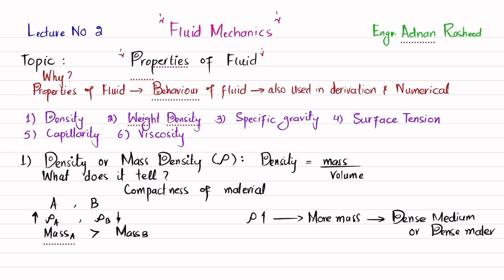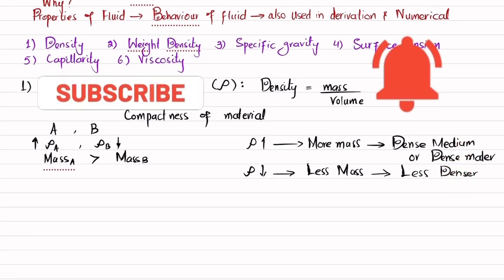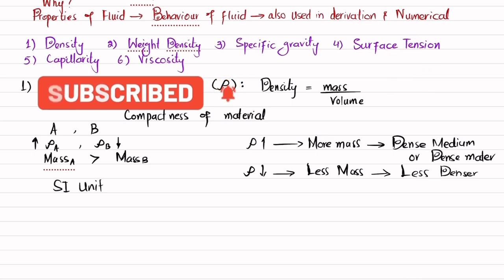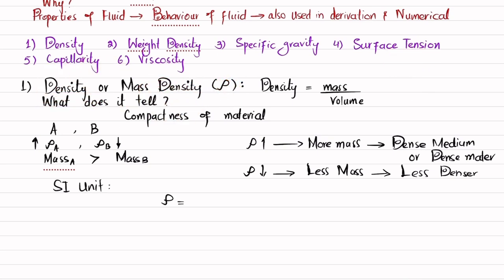Same is the case if your rho or density is low, it means that there is less mass per unit volume, so the material is less dense. So what will be the SI unit for density? We know that density rho is equal to mass per unit volume, so the unit of mass in SI will be kg, while the unit of volume is cubic meter.